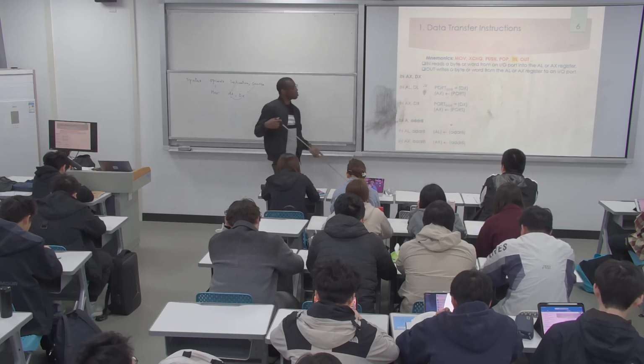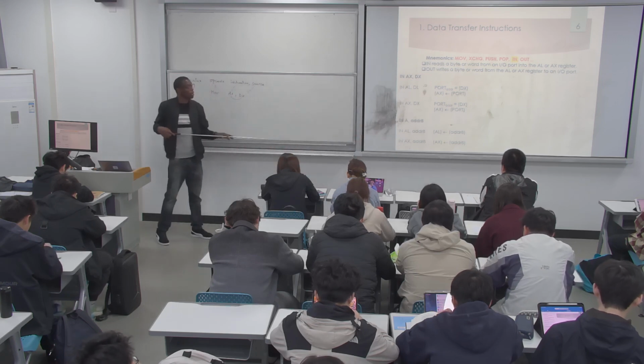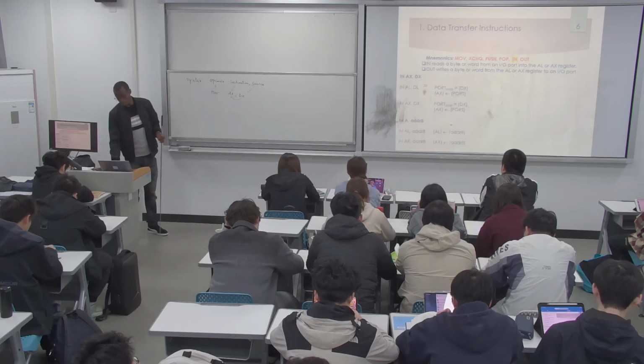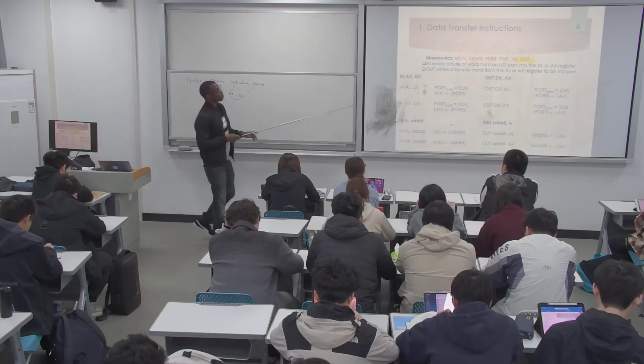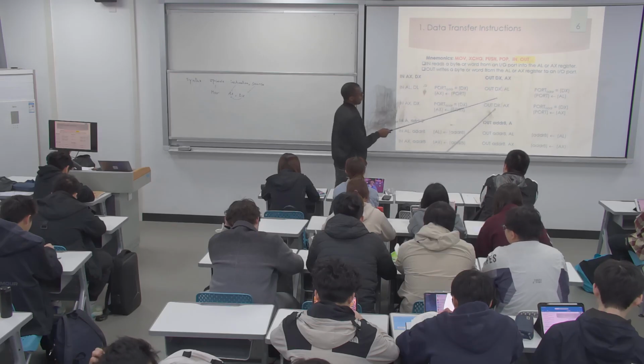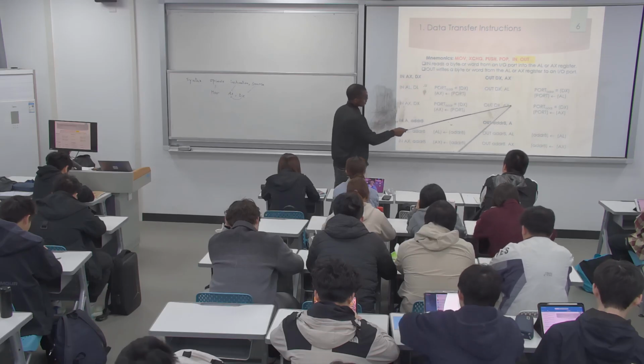So for out, we're going to write a byte from the accumulator register to a specific port. This is to write the data, a byte or a word. Here is a word, 16 bits.